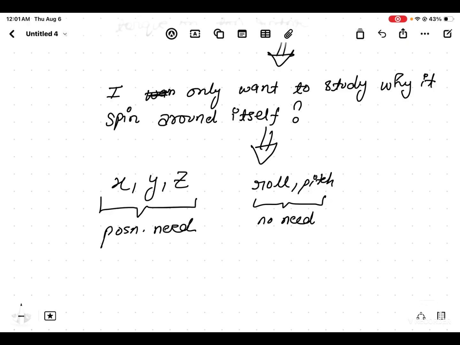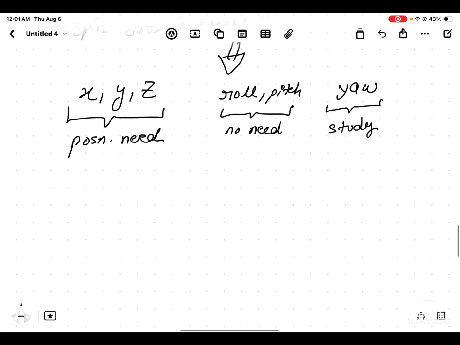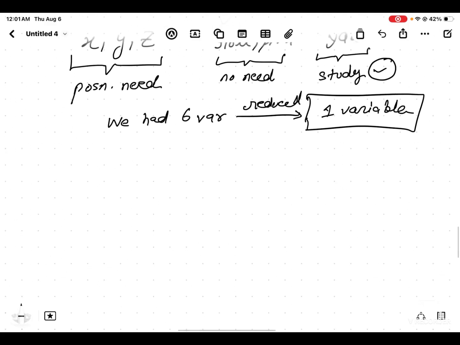What I only require to study is the yaw motion. I want to study this only. So what happened? We had six variables and now it's reduced to one variable because I want to study that variable only.